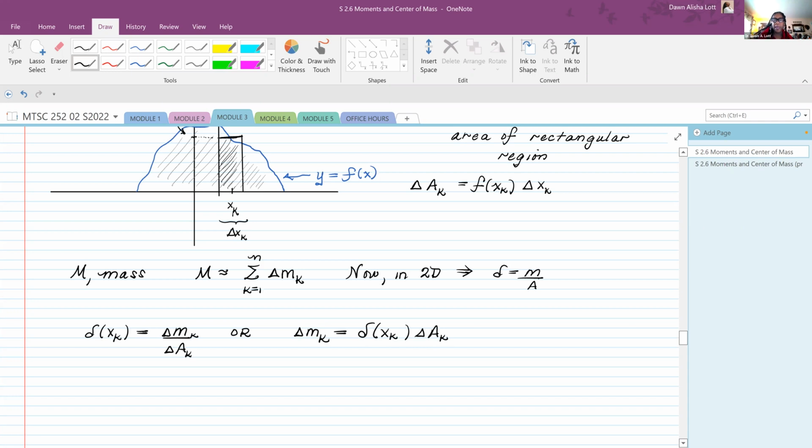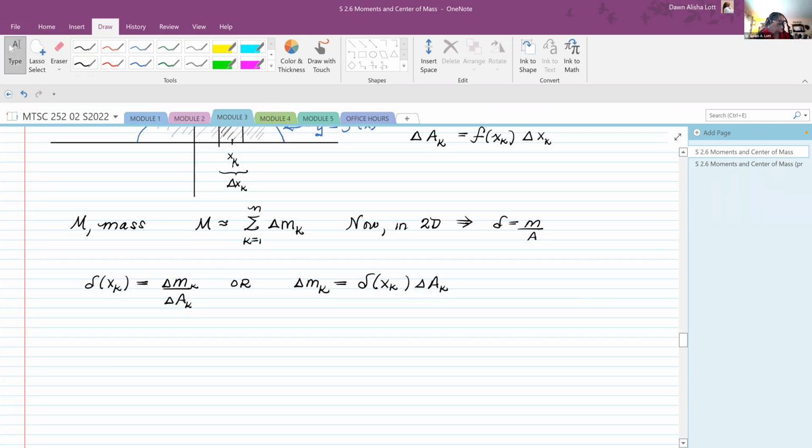So therefore our mass, which is the sum, k equals 1 to n of delta mk.